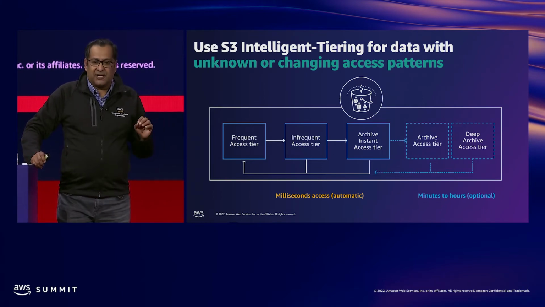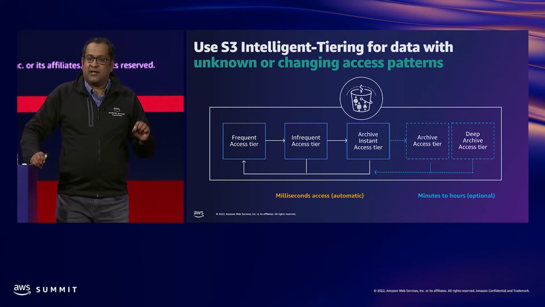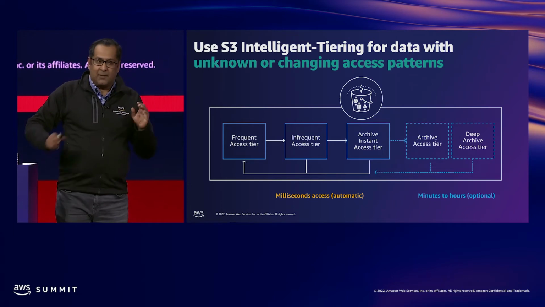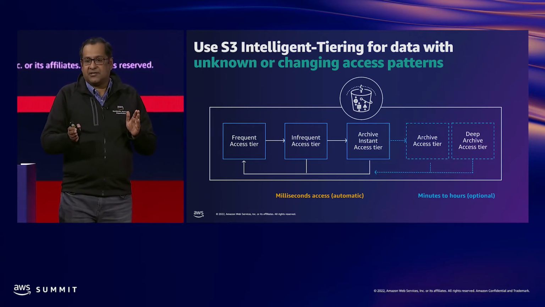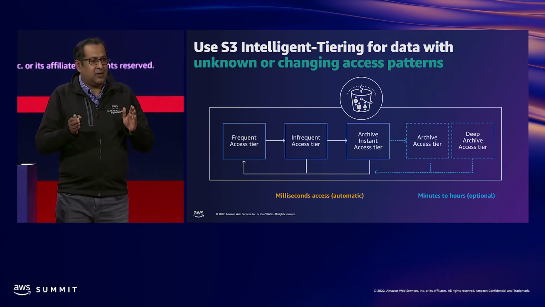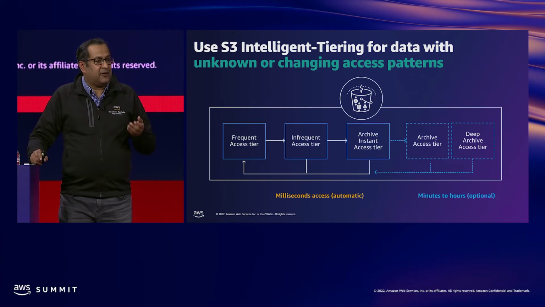If the object has not been accessed for 30 days, it'll automatically move down to the infrequent access tier. The infrequent access tier is similar to S3 Infrequent Access in cost. So by moving the data from the frequent access tier to the infrequent access tier after 30 days, the cost drops for you. It'll remain in the infrequent access tier for another 60 days at minimum.